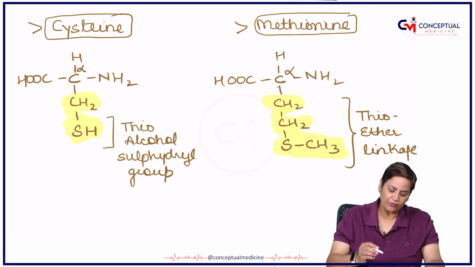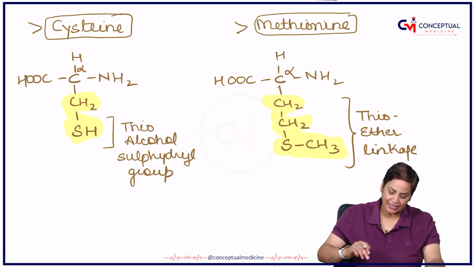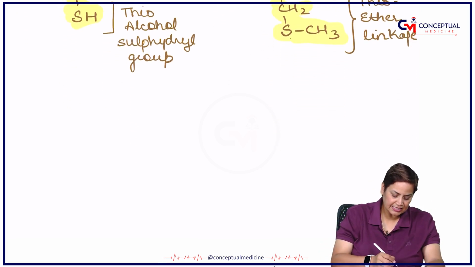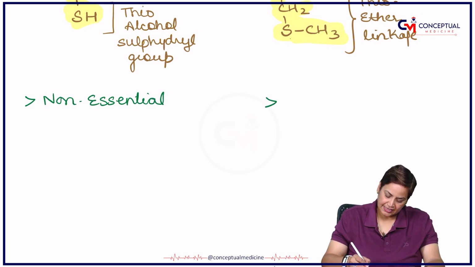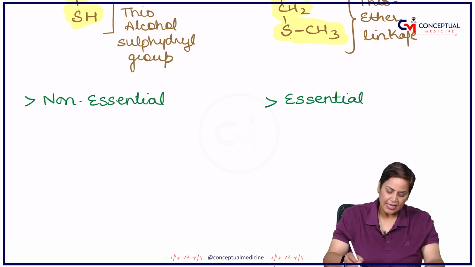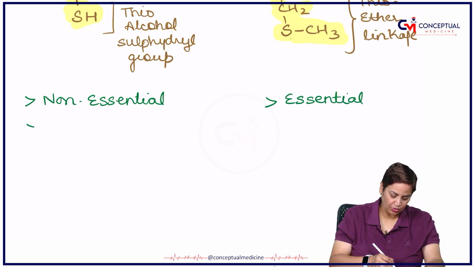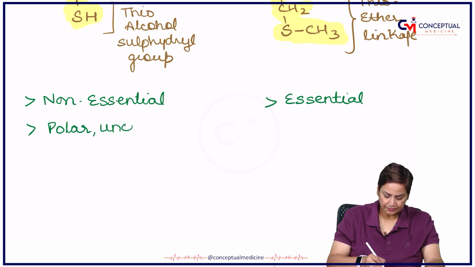And just because of this difference, if we have to categorize the properties, cysteine is non-essential, methionine is essential. Right, and due to this sulfhydryl group, cysteine comes under polar, but obviously uncharged.